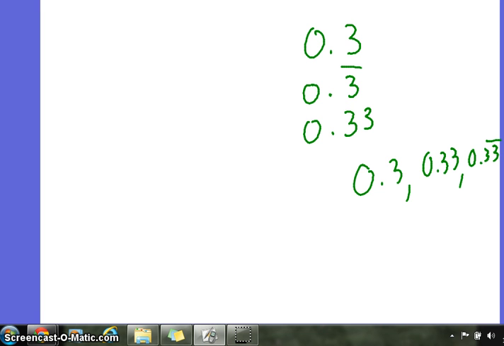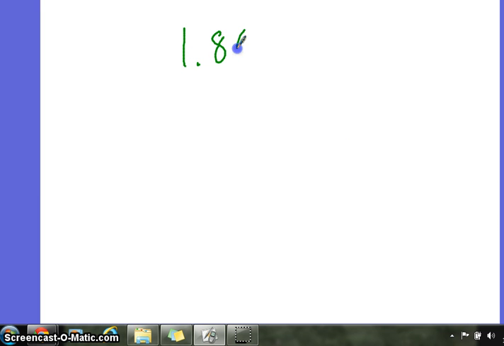Any questions on what to do when you get a repeating decimal? Now, sometimes you'll get a repeating decimal that does other things. For example, you might need to round this to the nearest thousandth: 1.86 with the repetend over the 6. Is the thousandths place even showing?